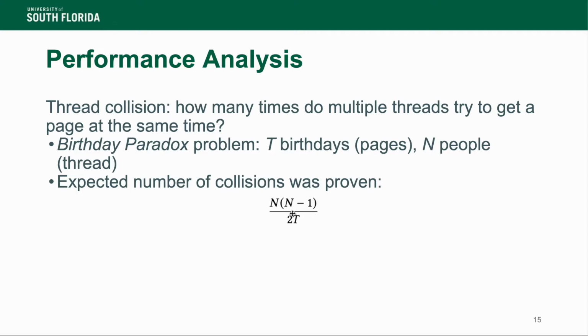Furthermore, the performance penalty only exists when the page is free. And so the expected number of collisions is actually bounded by this term multiplied by A/T.